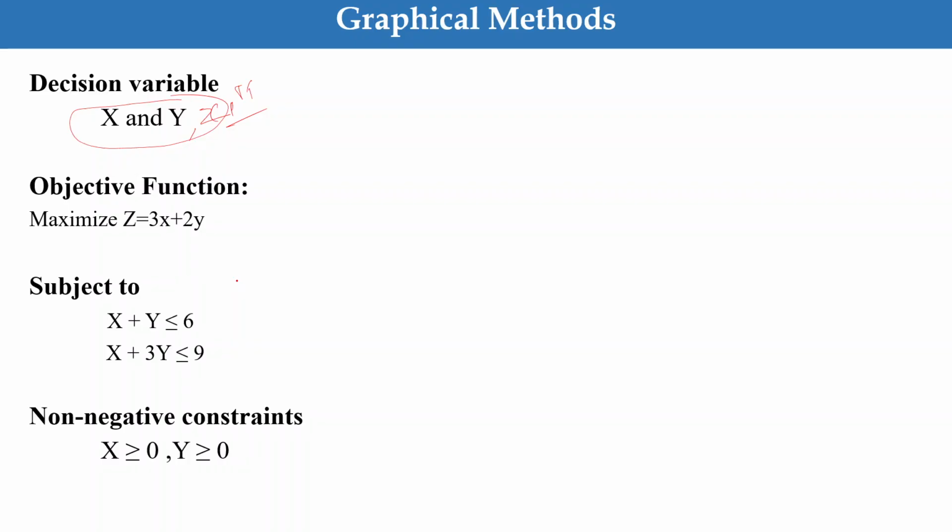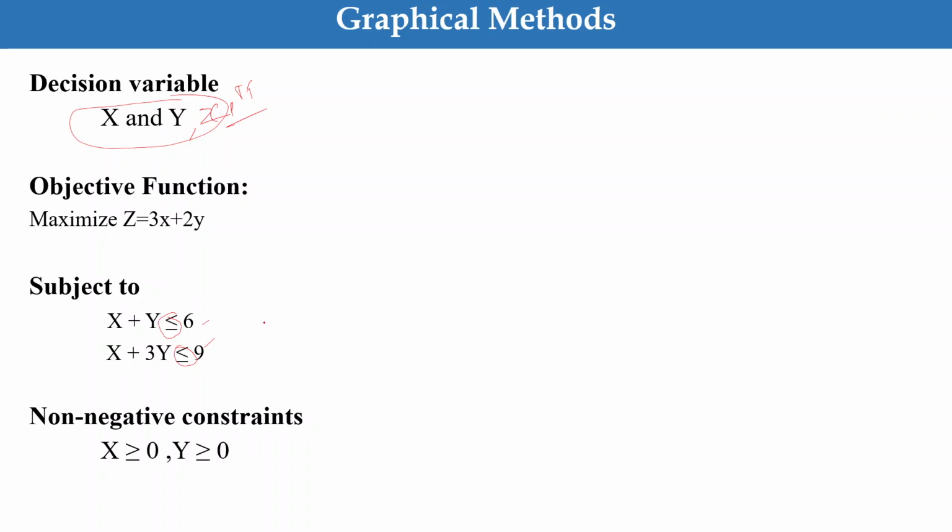Now you have to select from the rest of the three methods. One is called simplex method, second one is called big M method, and third one is called two-phase method. Now simplex method is used when we have more than two variables and the constraints are less than equal to. So now in this case, because we have three variables x, y, z and constraints are less than equal to, we can use the simplex method, right?